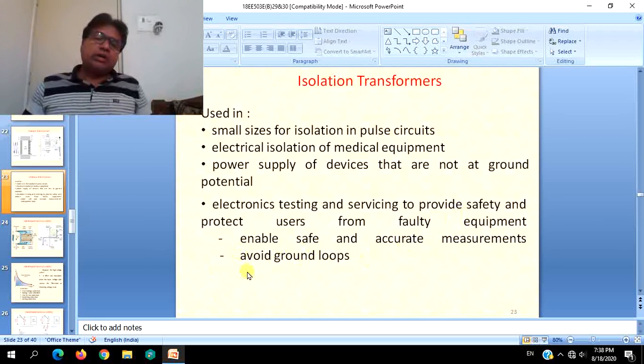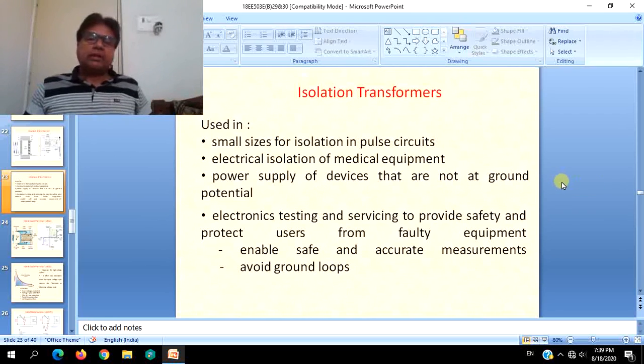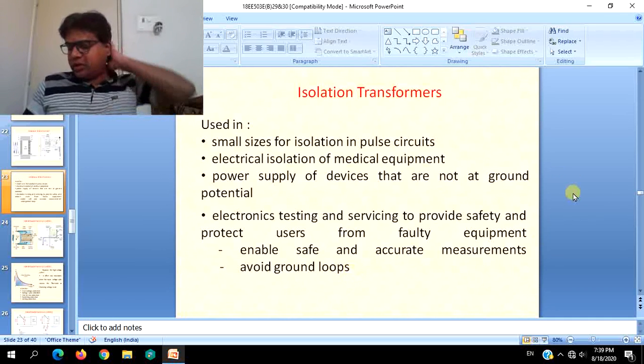They also avoid ground loops. It is also related to this one. They also avoid ground loops when ground is not proper. Loop means when grounding is not proper.